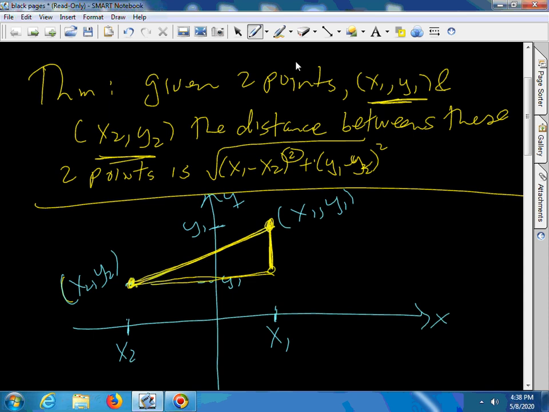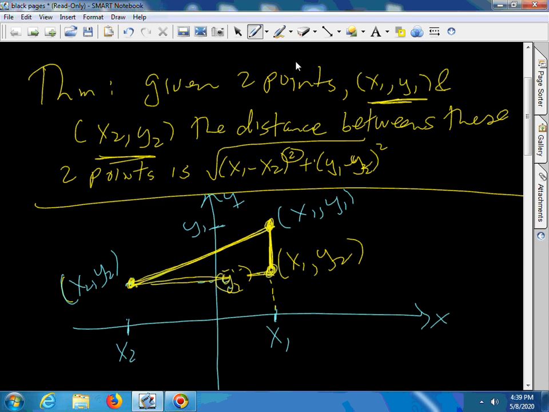Now, what is this point? Get your hands dirty. Look down, you get the x value. Look across, and you see y2.